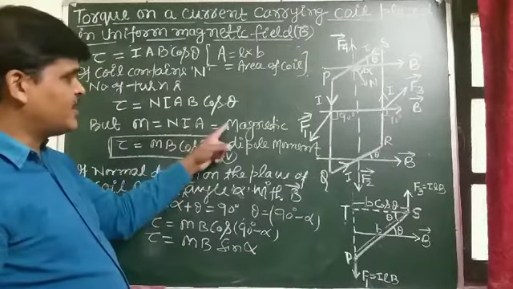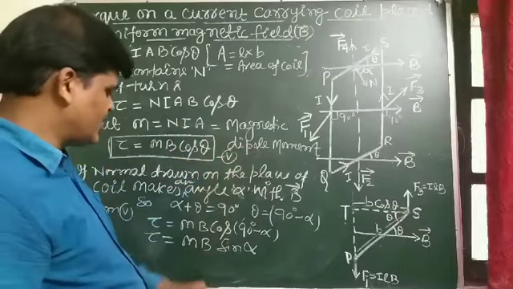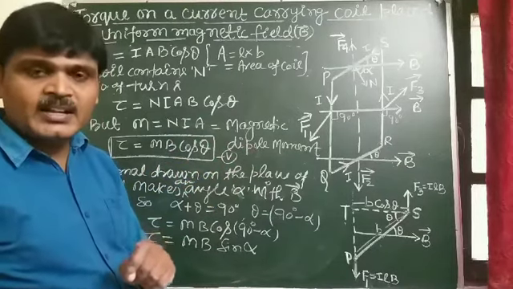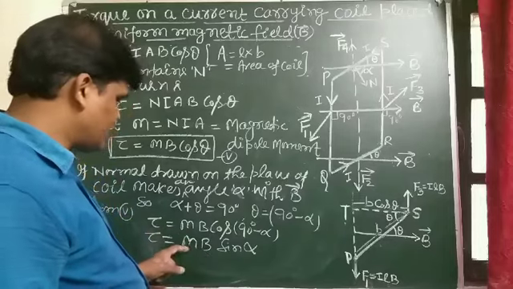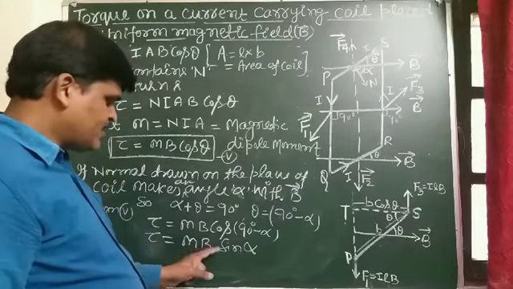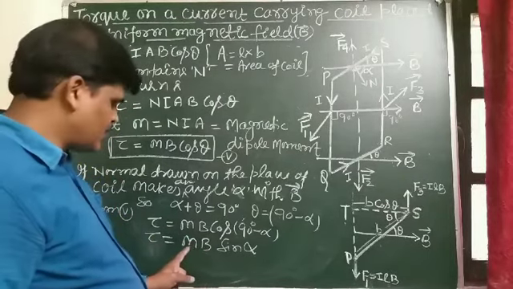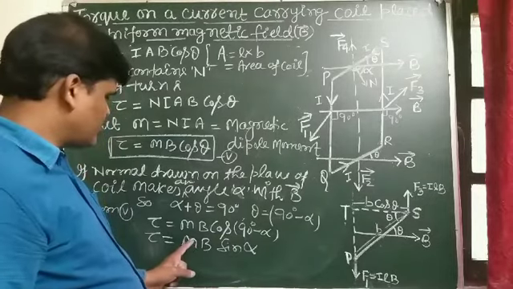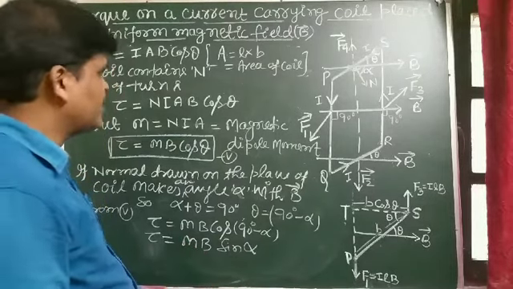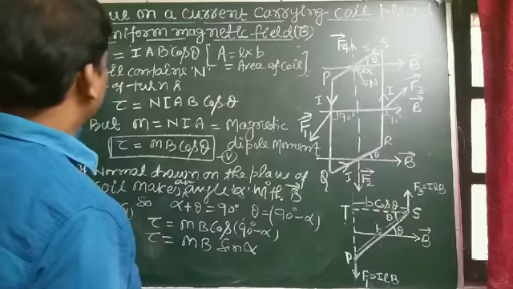Here M is the magnetic dipole moment, which is a vector quantity. B is the magnetic field, which is also a vector quantity. So MB sin alpha is a cross product of magnetic dipole moment and magnetic field, and torque is also a vector quantity.